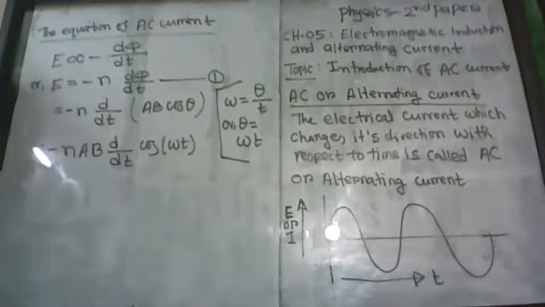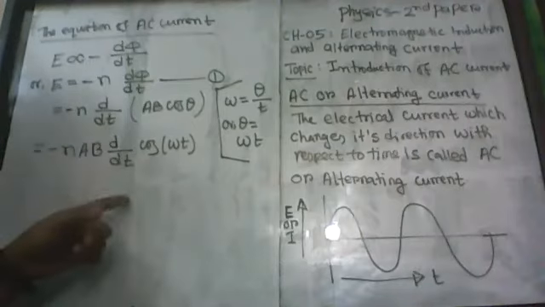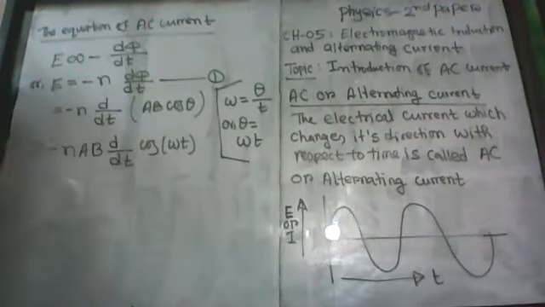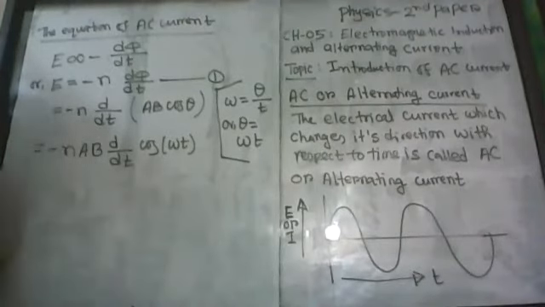Then it will be cos of omega into t. It's a cos function. You also know that d dt of cos omega t will equal minus omega sine omega t. I repeat, boys and girls, d dt of cos omega t will equal what? It will equal minus omega sine omega t.